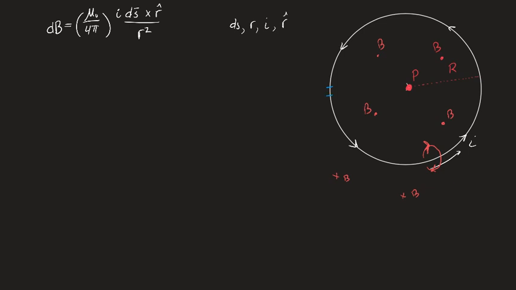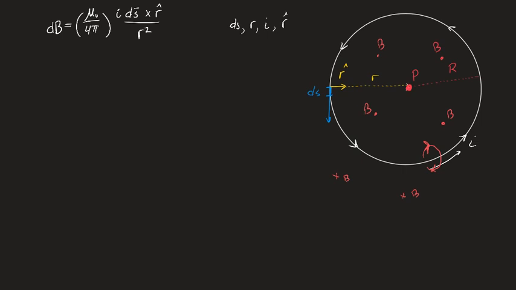Pick my ds to be right here. ds has a direction that is tangent to the circle, so that's the direction of ds. R hat is pointed towards the center because we're pointing towards P. R is going to be that distance between ds and the center because we're asking about the center.